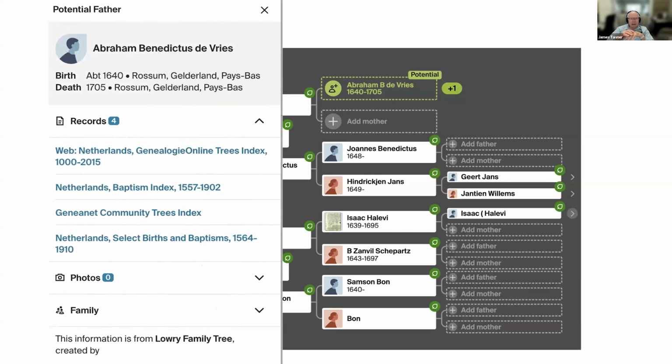So here's what they have on it, and it's possible because these are Netherlands. But the problem I see here is that the birthplace and the death place of this person doesn't necessarily match up with any of the names of the places for these other relatives. So this may turn out to be just a suggestion based on some superficial possibilities.